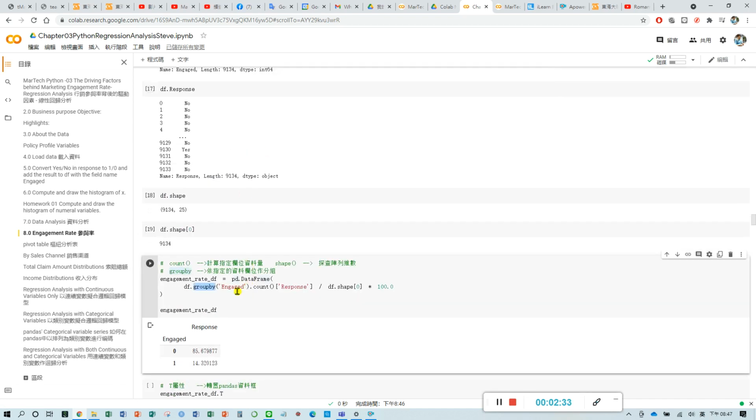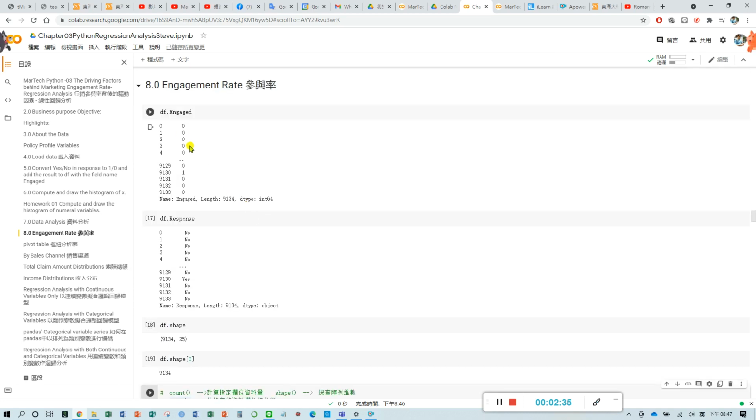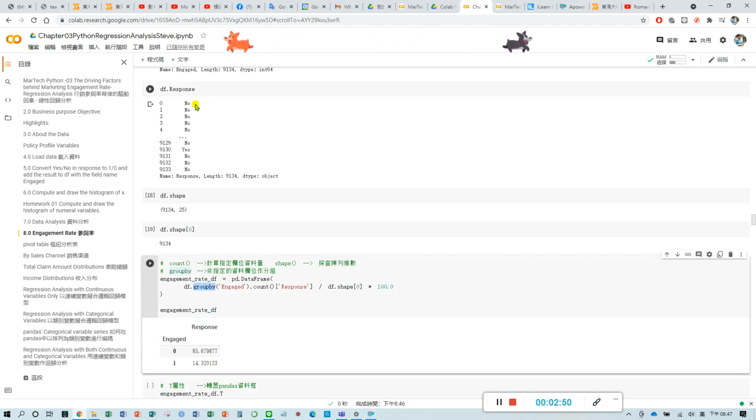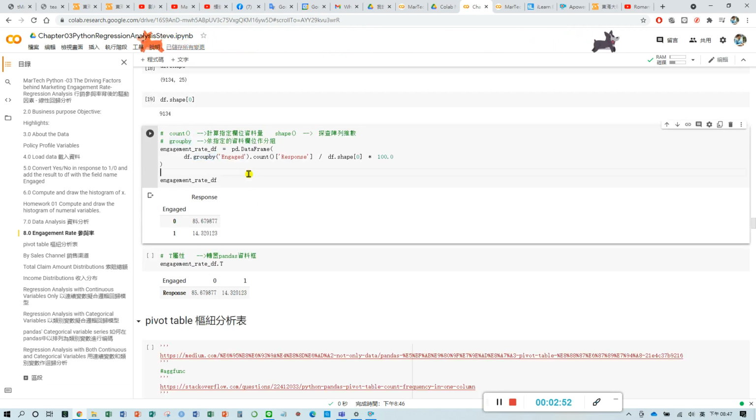categories for engaged. So you may see here there are only 2 types of engaged. One is 0, the other one is 1. For the response, it is no and yes, 2 types for the variable. So we group by engaged, and also we calculate the count for response.